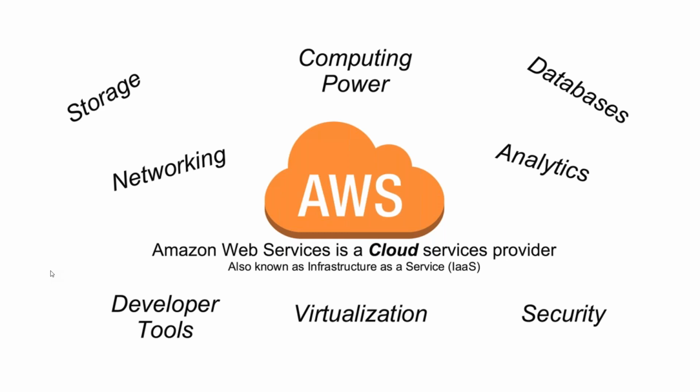Networking, you can build your own networking on top of AWS to host your applications. And after that, you need some analytics. You have traditional data, or data that is coming through, and you want to create some graphs to showcase to your clients. You need to analyze what is happening. Then you can incorporate analytics, and it offers you world-class security as well, with different security measures at each and every layer. Developer tools, they also offer you different developer tools.